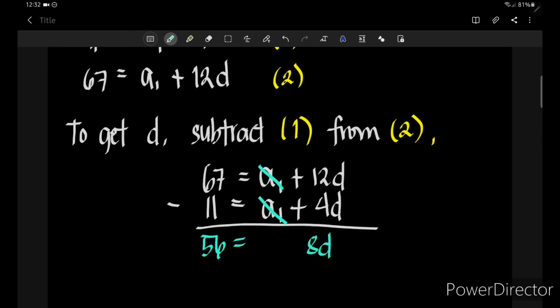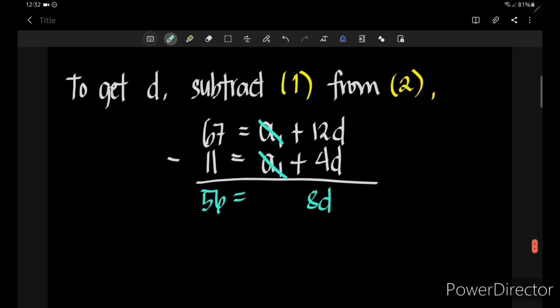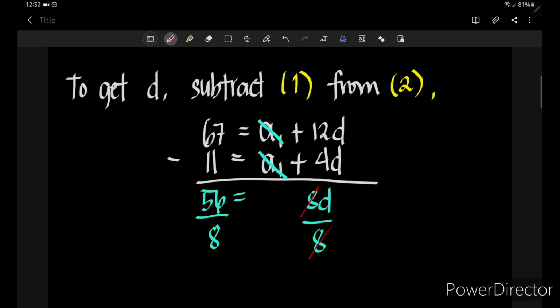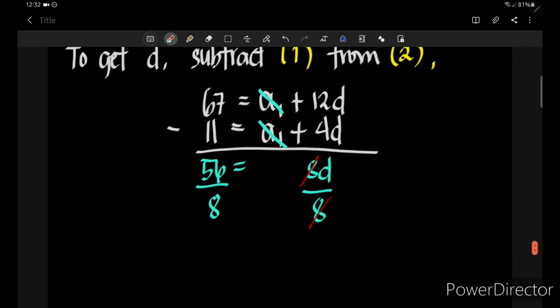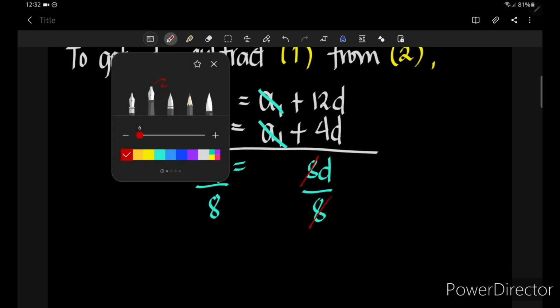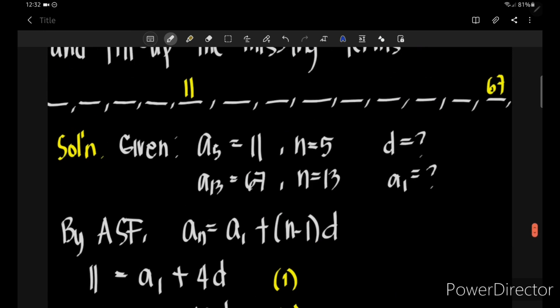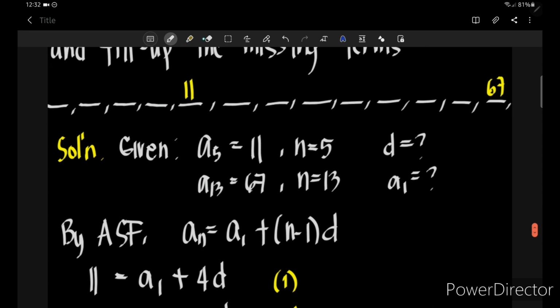This is 8d. Okay. Divide 8 both sides. So, pag ginawa natin yun, mawawala yung 8 dito. And we have now d is equal to 56 divided by 8, which is 7. Okay. So, ito yung ating common difference, si 7. Pwede na natin itong palitan.